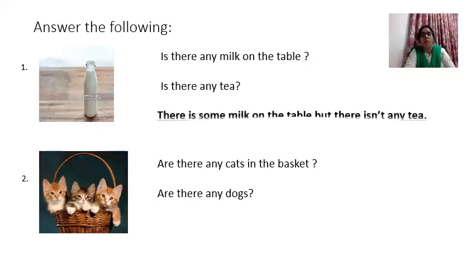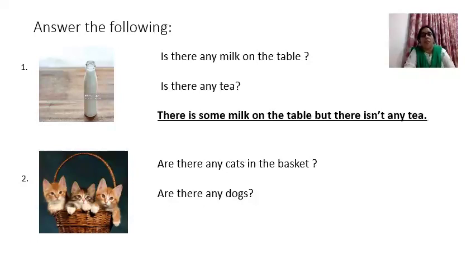Understood how to do it? Now, both the questions are asked by using is there. See, in the beginning, what is used? Is there. When we use is there, it means we are asking about something that is either singular in number or uncountable.